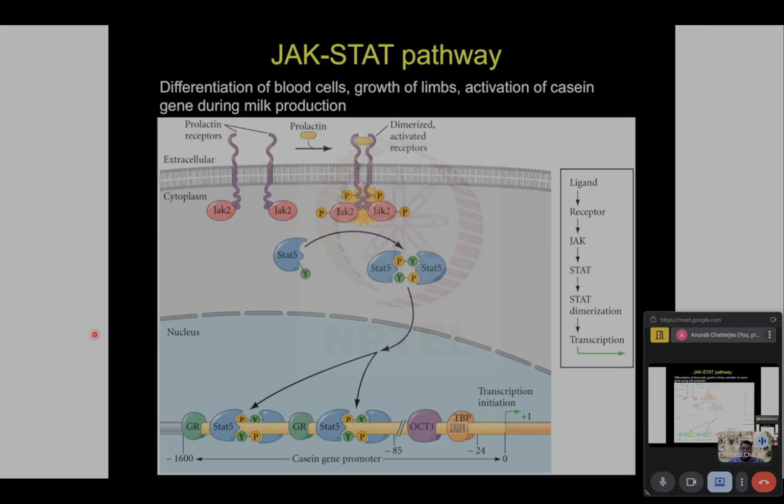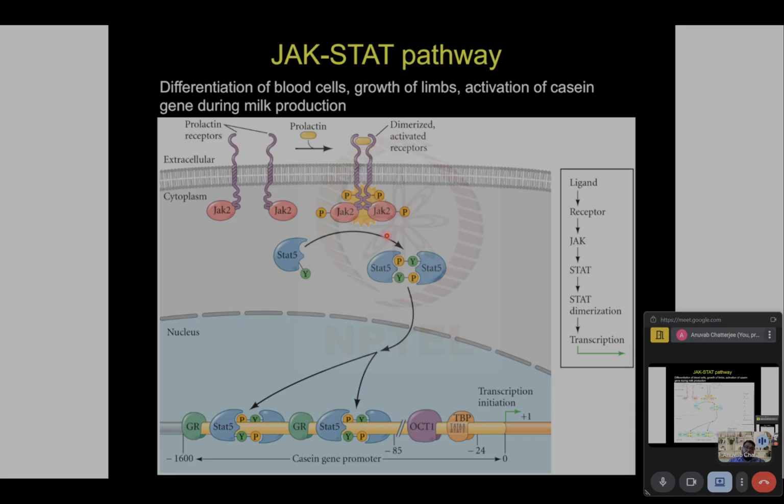So let us look at the pathway again. A gain of function mutation in JAK, what it will do is that even with no ligand binding to the receptor, it will be always phosphorylated or act as if it is phosphorylated, and so essentially the entire pathway is always active, because if JAK is phosphorylated, it will cause STAT dimerization and activation of downstream genes.